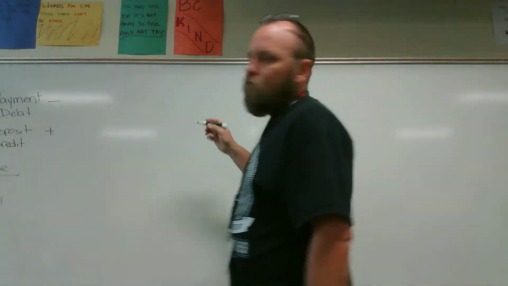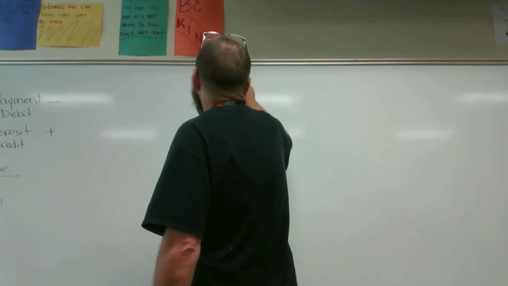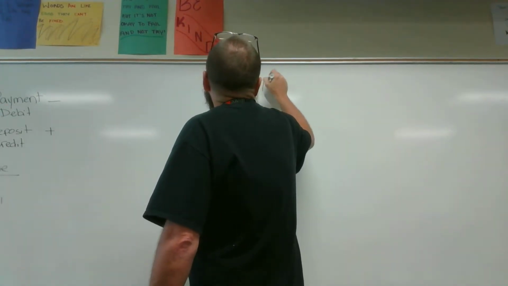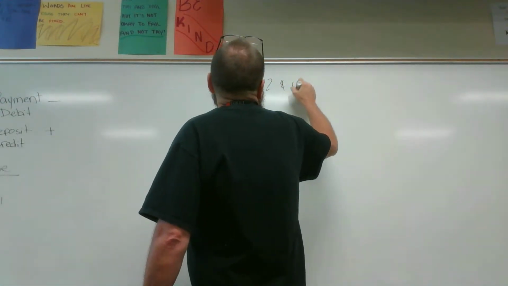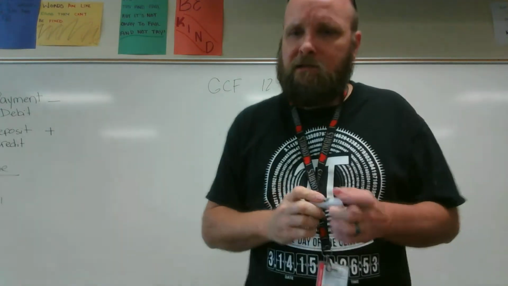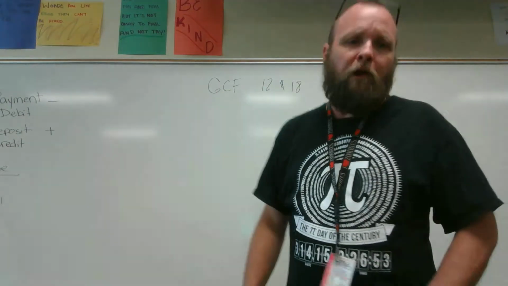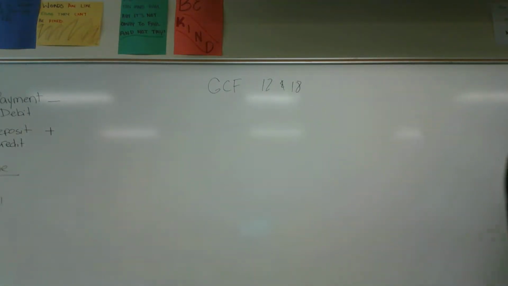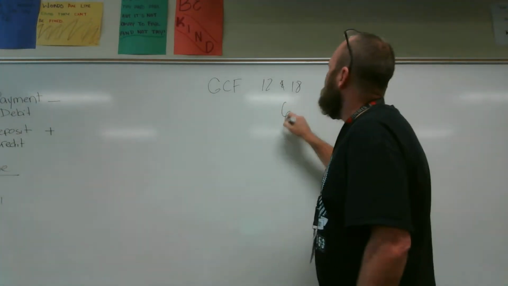Greatest common factor of 12 and 18. Like I said, these are all reviews. Regan, what is the greatest common factor of 12 and 18? 6. Can you prove that, Regan?